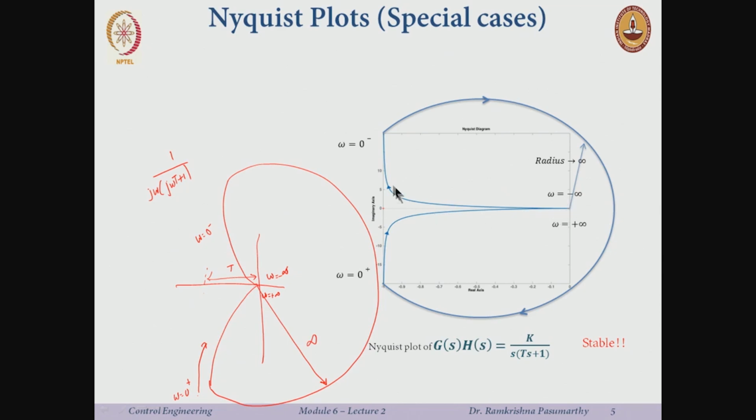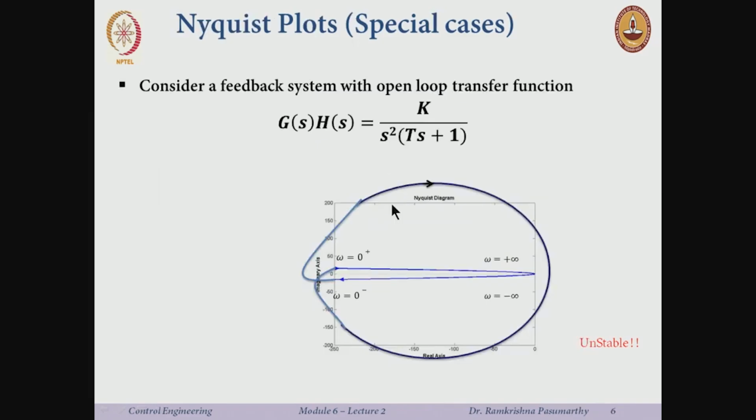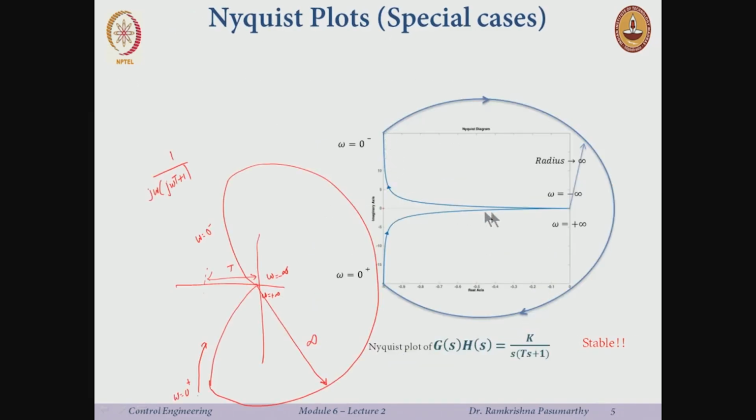Let me say it again: omega is minus infinity, 0 minus, 0 plus, and omega equal to plus infinity. If you draw this on MATLAB, it will just give you these two lines, the polar plots. It won't give you this line because it won't be able to plot it, but this is just the infinite radius arc from here. I'm drawing it very approximately, but you could look at it this way.